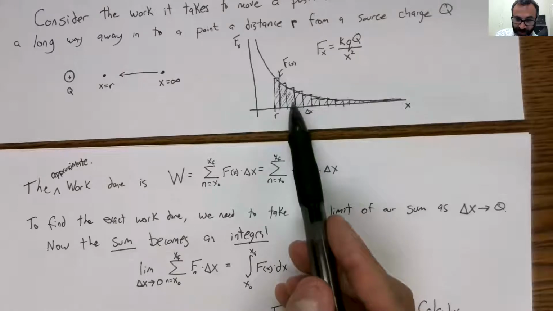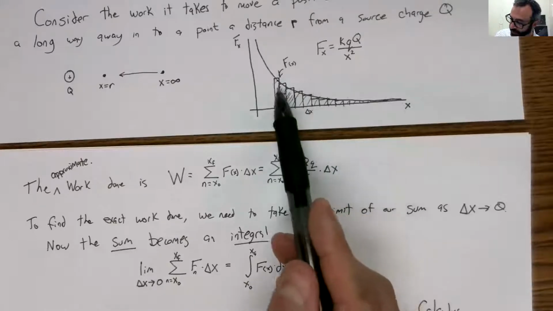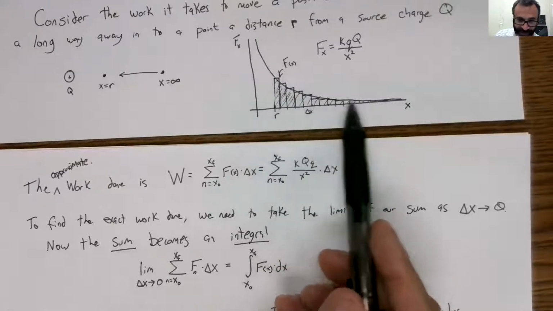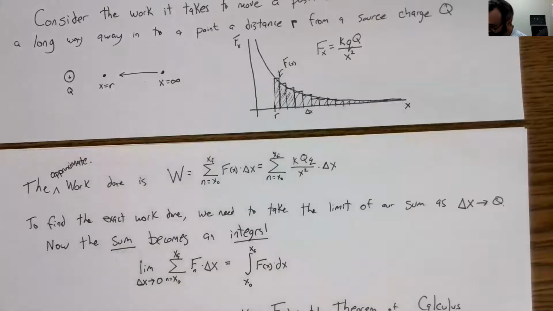If I make these rectangles infinitesimally small, then the area we get when we add up all the rectangles is going to equal exactly the area under the curve. So we need to take the limit of this sum as our delta x goes to 0. And what happens there is that the sum becomes an integral.